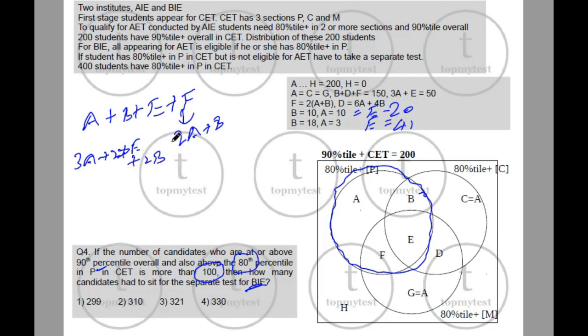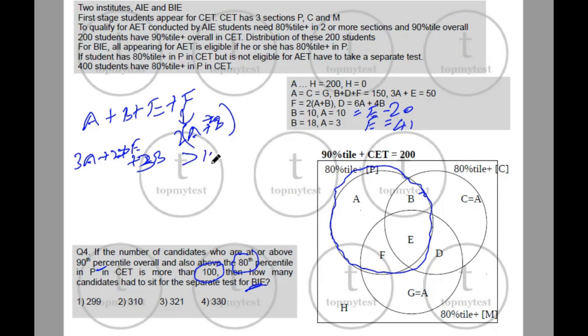This is the value for this region. Okay, 3A plus 2B. F is twice of A plus B, so 2A plus 2B plus another B. So this will be 3B, 3 times B.